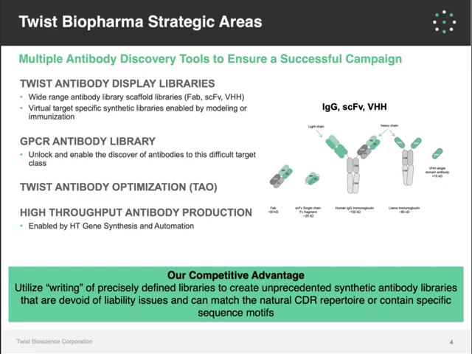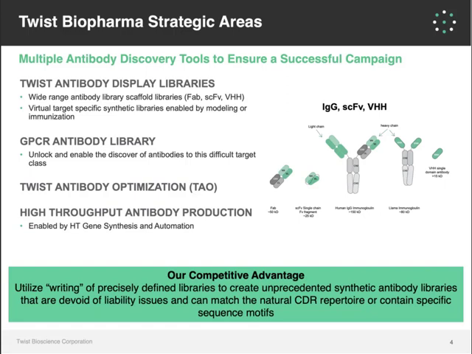We've also created a whole series of other antibody phage display libraries that are more general use, both Fab, single chain, and VHH libraries, which I won't talk about today, but certainly please follow up with me if you're interested in those. We also have a platform for doing antibody optimization. If we find an initial lead from our libraries, we can always make it better through our optimization platform. I also can provide you information later if you're interested.